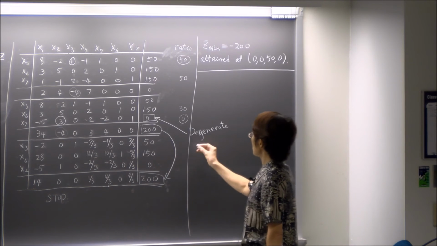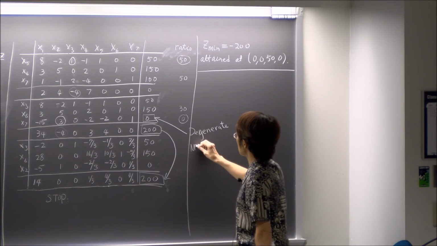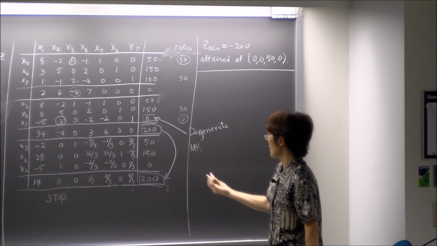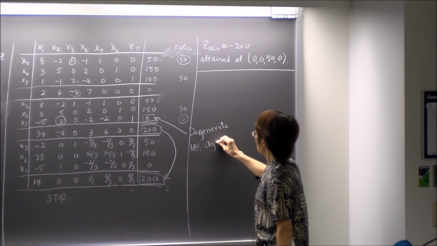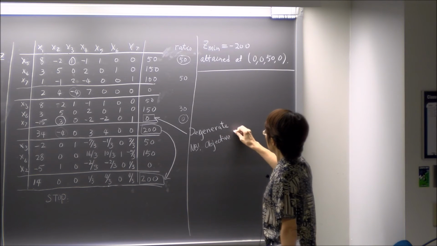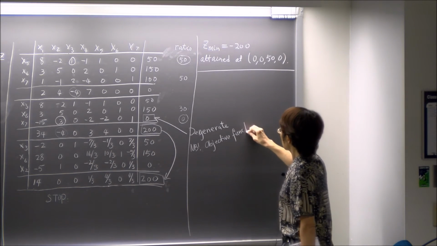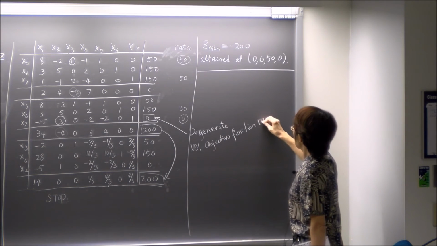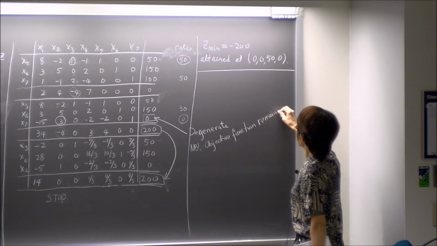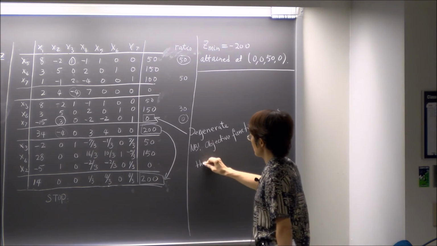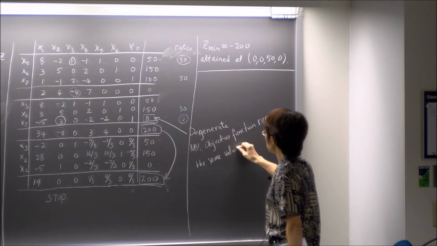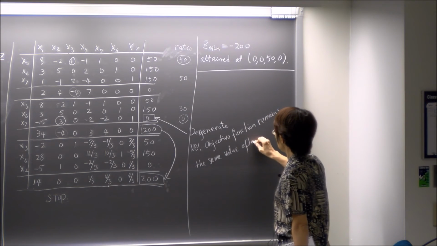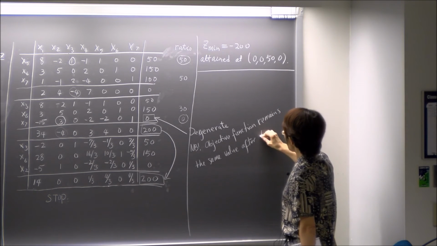So degenerate, so we make this observation. If this is degenerate, and when you do this step, then the objective function remains the same value, or takes the same value after this step.